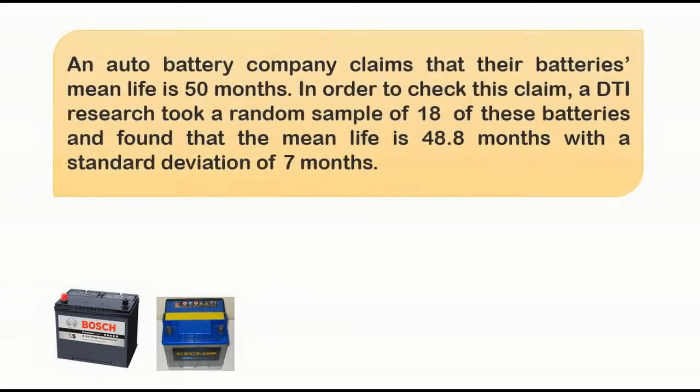An auto battery company claims that their battery's mean life is 50 months. In order to check this claim, ADTI Research took a random sample of 18 of these batteries and found that the mean life is 48.8 months with a standard deviation of 7 months.